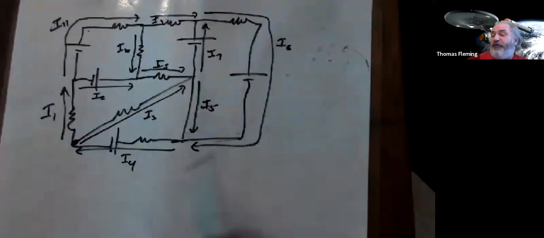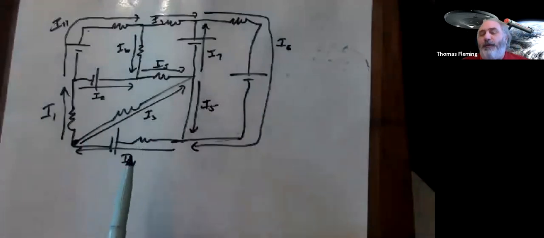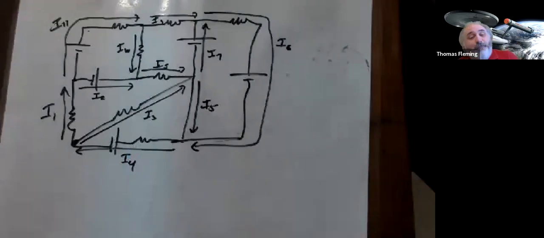Could you write the set of 11 equations that could be solved for this? Heck yes. That wouldn't even be that hard. So no matter how complicated I make it, writing the equations is easy. That's the physics part. The math may be really, really nasty, and I wouldn't want to have to solve 11 simultaneous equations if I didn't have to. But you could. Does that make sense? Yes.